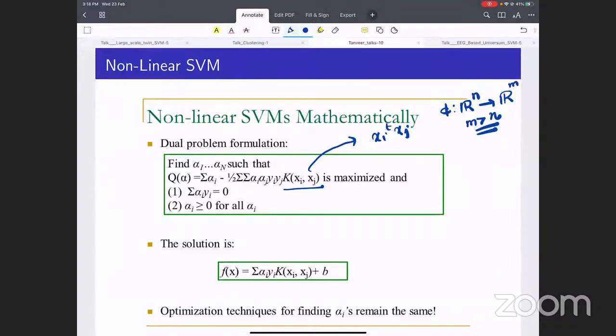So essentially, when we are solving the problem, in place of this k, it is coming like phi(xi) transpose phi(xj). Okay, so what happens, this is also again a number.